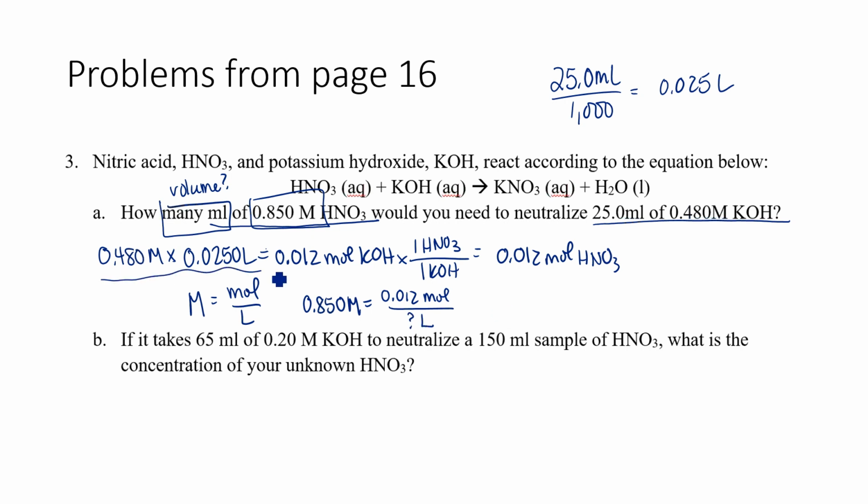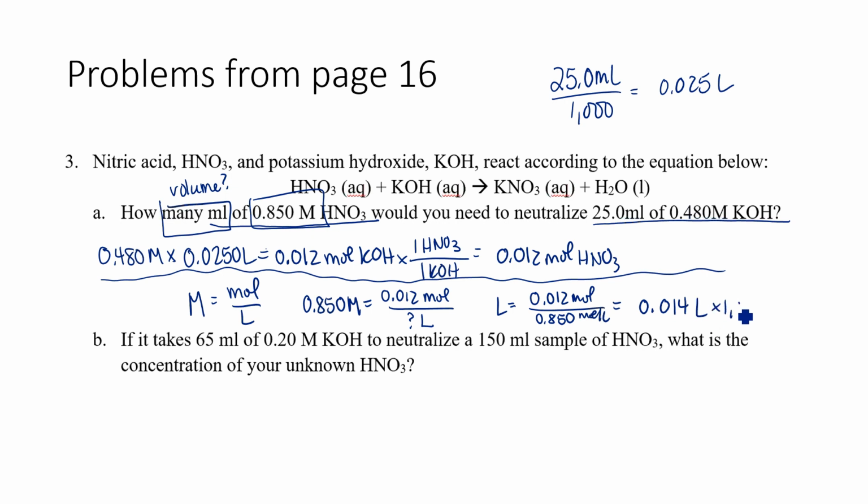So let me draw a line here to separate this. To find the volume, I would end up taking my 0.012 moles divided by my molarity, which is the moles per liter, 0.85, and you end up getting 0.014 liters.